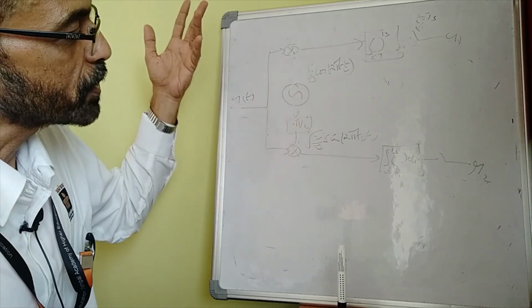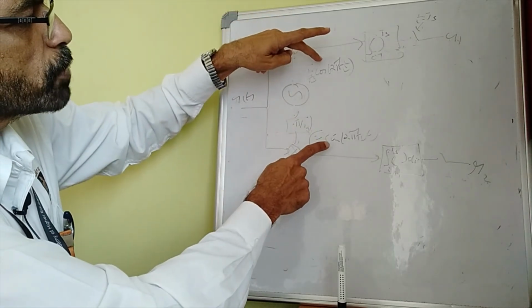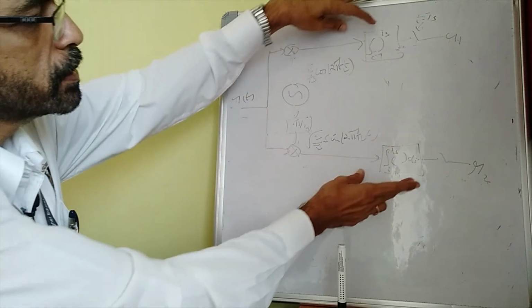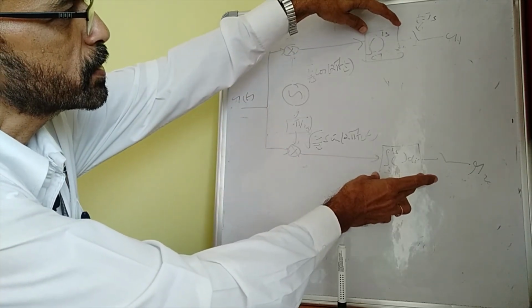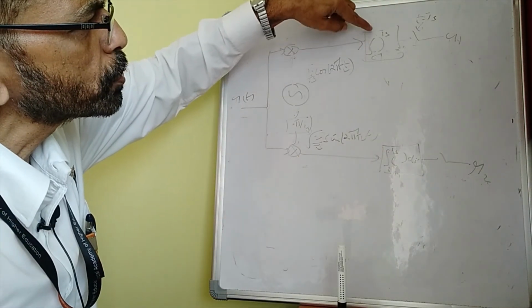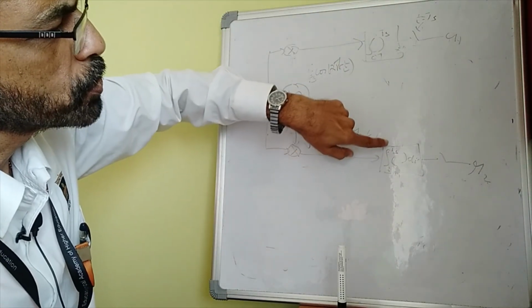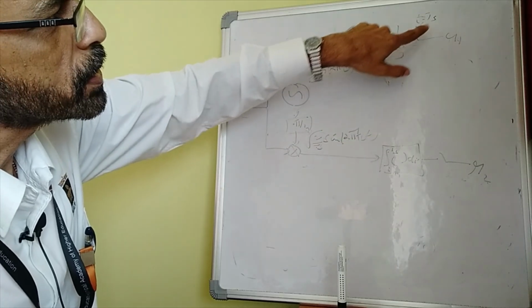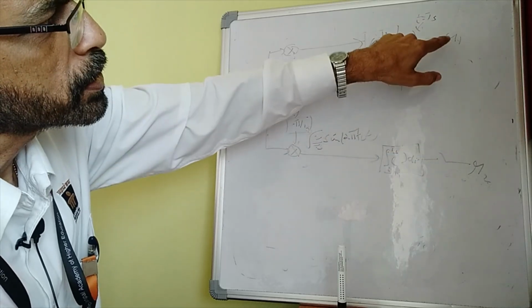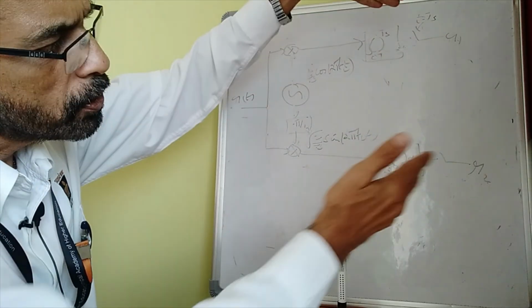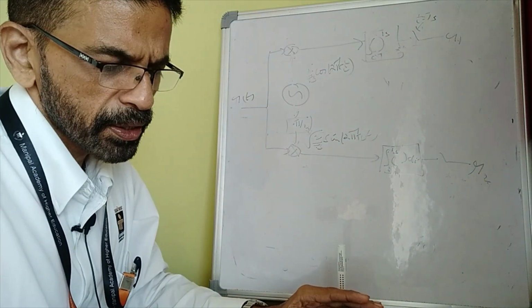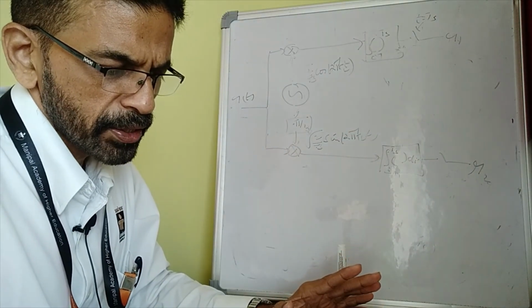As in the transmitter, there is a phase difference of pi by 2 between these two. Then each passes through a multiplier and an integrator, one in each arm, integrating from 0 to Ts. At the end of the integration interval, you sample and get R1 and R2. Using R1 and R2, it is possible to proceed with the decision making, and that I will discuss in the next lecture.